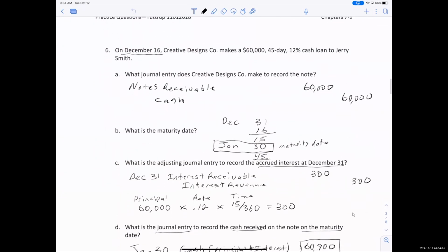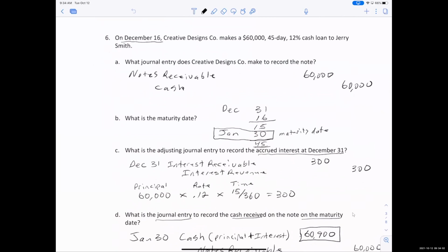We're going to move on then to problem 6, which is about notes receivable. We're going to record the journal entry that we actually are receiving notes receivable. We have to figure out the maturity date, like when are you going to receive your money back plus the interest, and do some adjusting journal entries and the like.